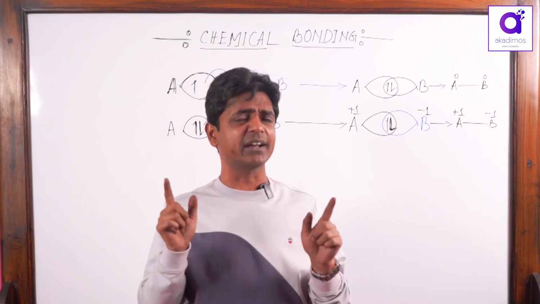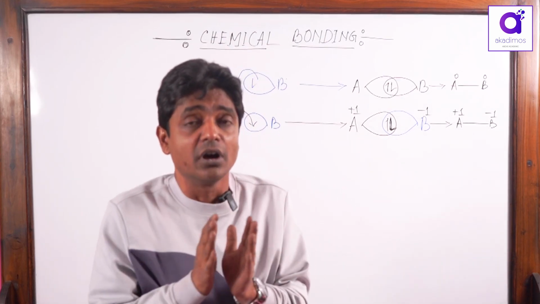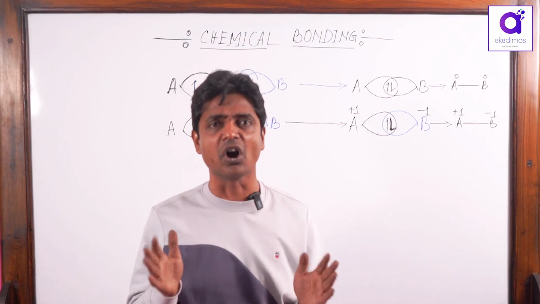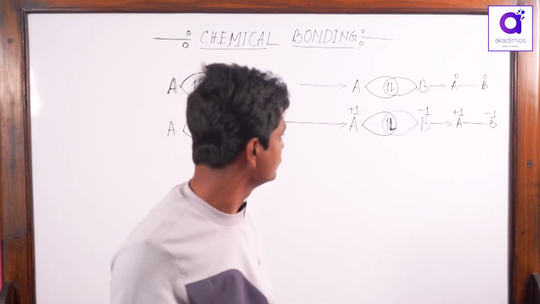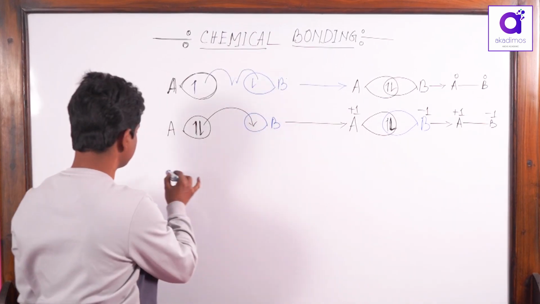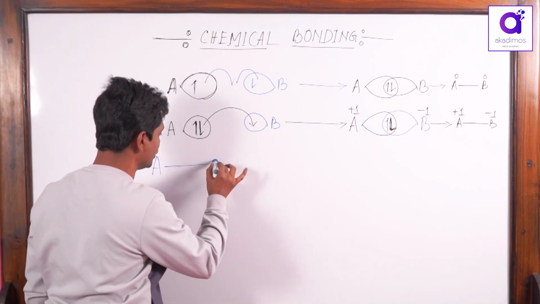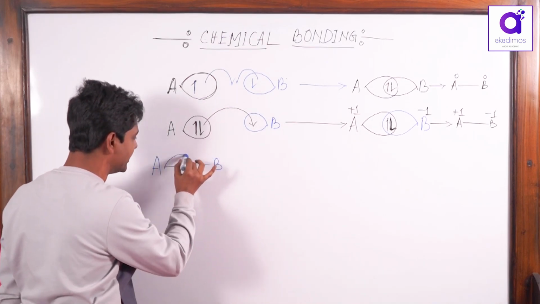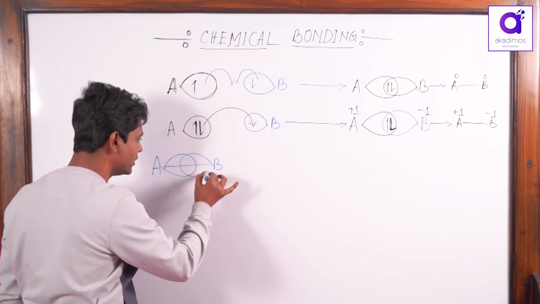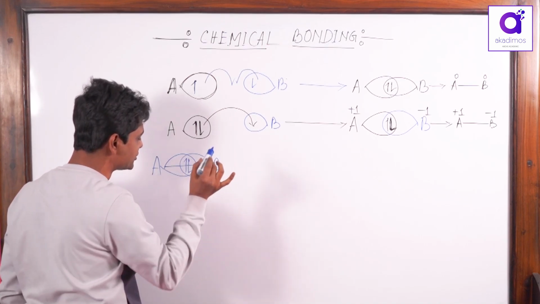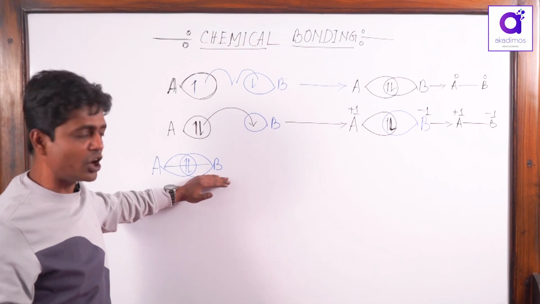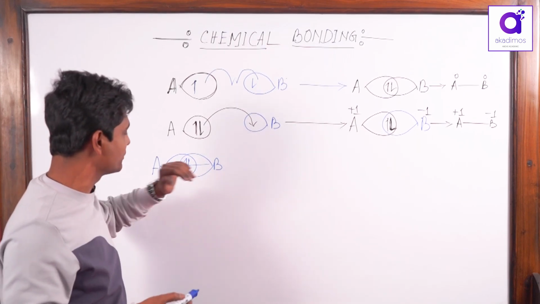Now I break the bond. How bond breaking will occur, I'm going to show you. See, A bond B. You know originally there are 2 orbitals and 2 electrons, no formal charge on A and B, that is 0 formal charge.